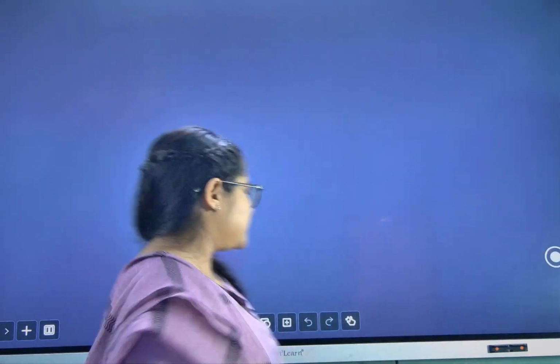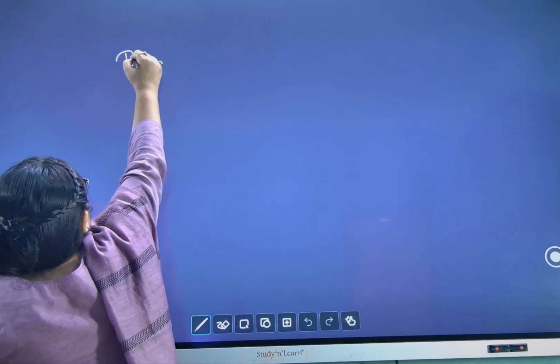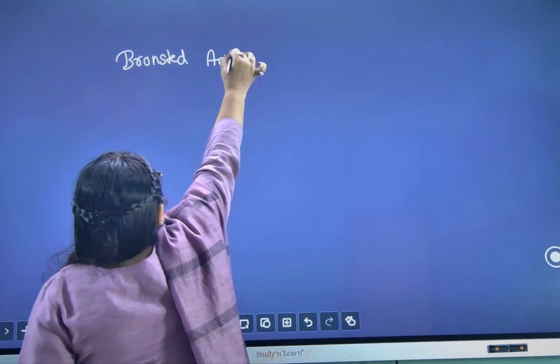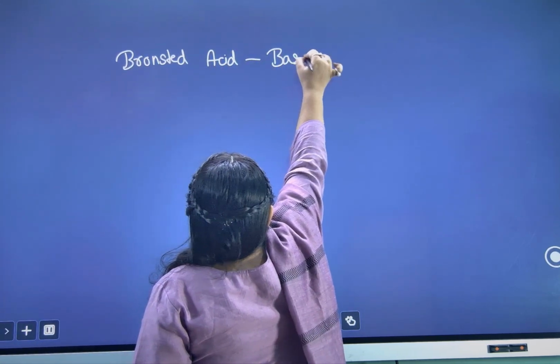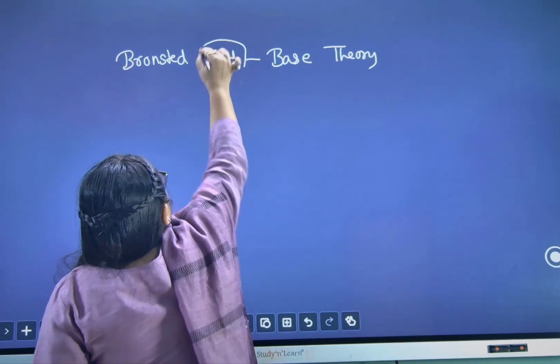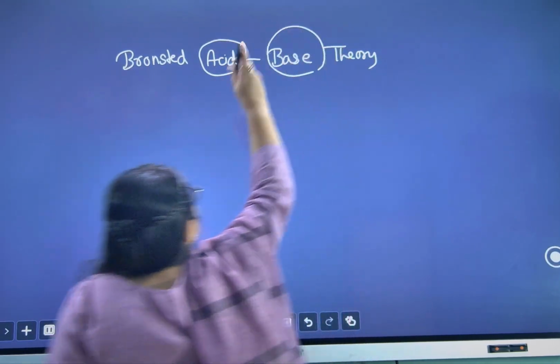Okay, so now we are going to see Bronsted acid and base theory. What is Bronsted acid and what is Bronsted base?